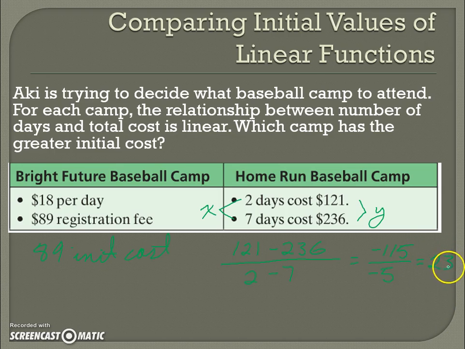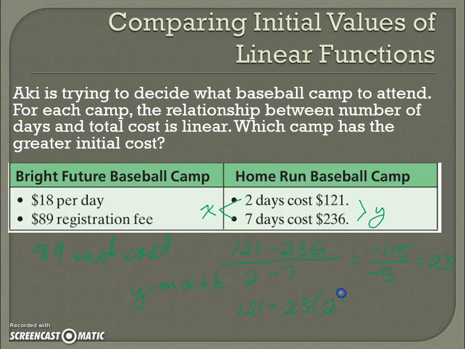The next thing is we got to find out what that initial cost is. So we're going to use the slope-intercept form, which we've talked about this year, is y equals mx plus b. And I'm going to substitute values into this from what I know from this particular problem. So I need a y value. Well, right here's a y value. 121 equals, with a slope of 23 and an x value of 2.